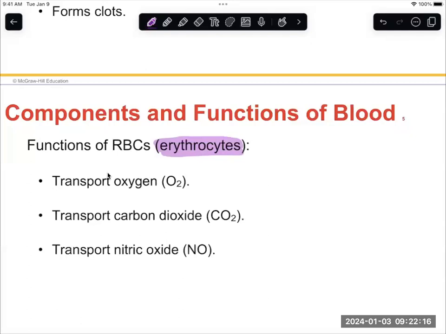This is a gas that is produced by the lining of cells and blood vessels that tell the smooth muscle to relax. So what it's doing is telling those blood vessels when they relax is to dilate or get larger so blood can travel a lot easier through those blood vessels.